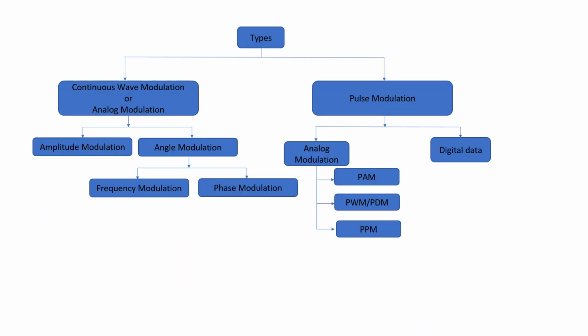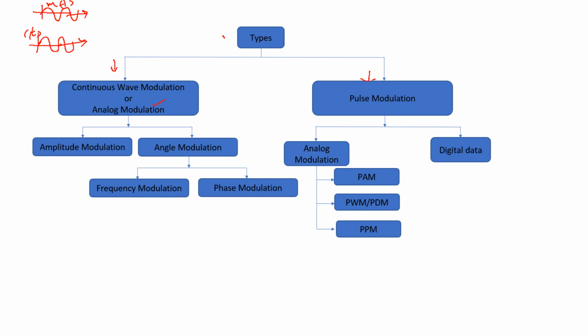Here let us see the different types of modulation. Based on the type of the message and carrier signal, you can classify modulation mainly into two types: continuous wave modulation or analog modulation, and pulse modulation. We can take two signals, m of t and c of t. If m of t is analog and c of t is also analog in nature, then it comes under the category of continuous wave modulation.